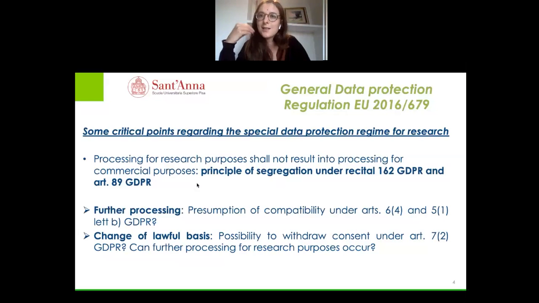We have mentioned before the existence of a compatibility rule, which enables further processing activities based on the assessment of the compatibility of the purpose of the further processing with the original processing. But when can we say that, in research activities, which are likely to encompass a great variety of different research processing activities, this compatibility is respected? Of course, a first answer to this question can be given again in light of the differences between public interest related research and for-profit oriented research.